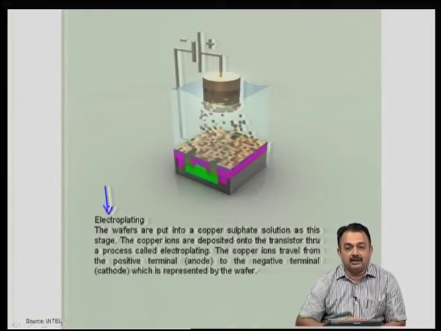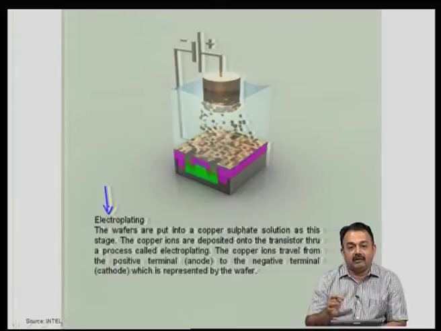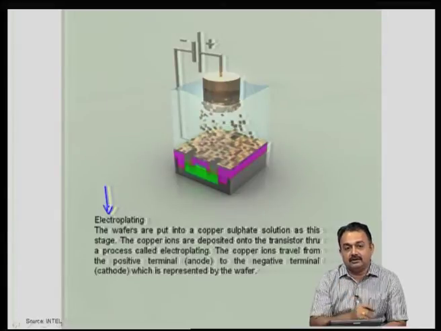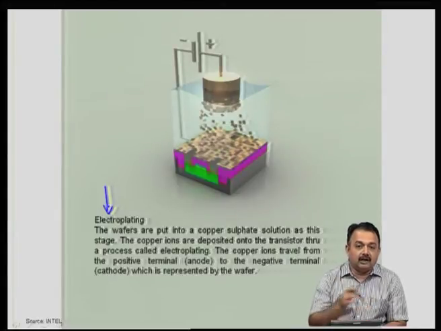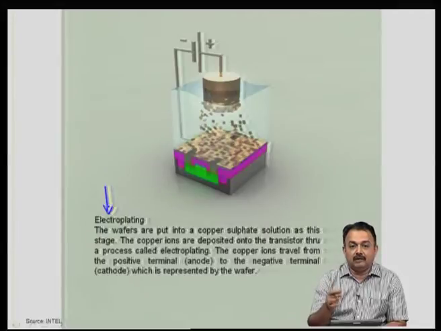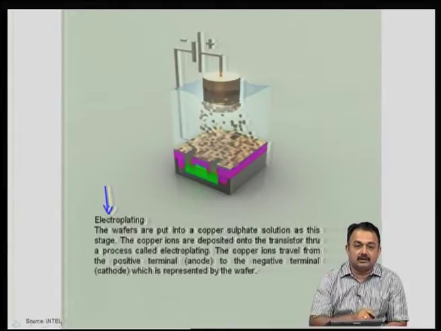Electroplating, as all of you know, basic electrochemistry, you have an anode and a cathode, and then you have an electrolyte, and then you apply external DC, and then due to the transport of ions through the electrolyte at the cathode, the metal will be deposited. The metal from the pure anode will dissolve into the electrolyte and then it will be deposited onto the cathode.